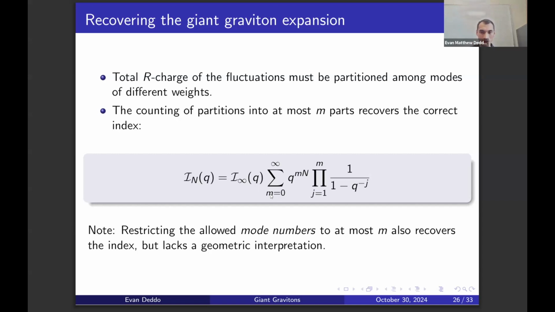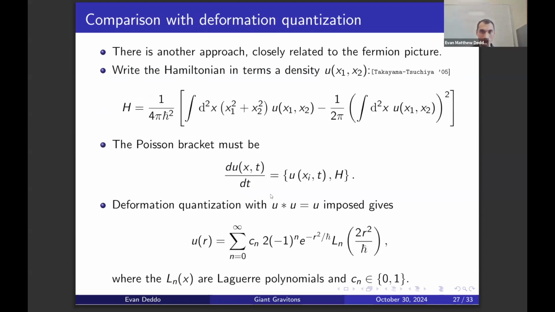I guess there was some other interesting story, and I have a little bit more time. This is something a little separate, but it also gives some interesting insight: there are other ways to perform quantization. There's this other approach called deformation quantization, which is separate from the on-shell covariant quantization we were doing.